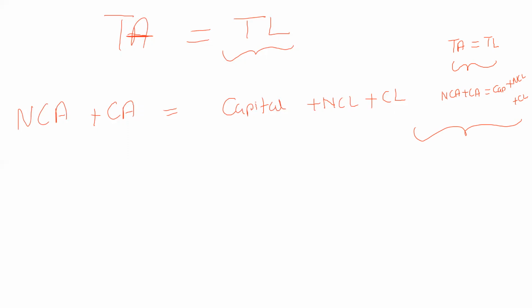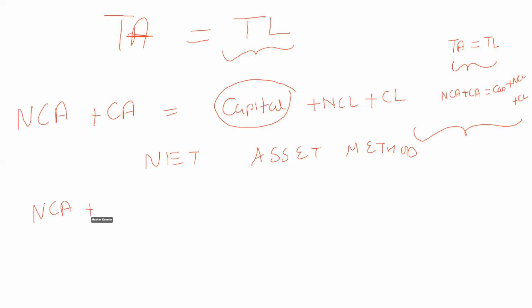However, if I have to show the balance sheet in the net asset method, that means the capital should be left alone. So what we will do, non-current assets plus current assets minus the current liability will give you the capital plus non-current liability.